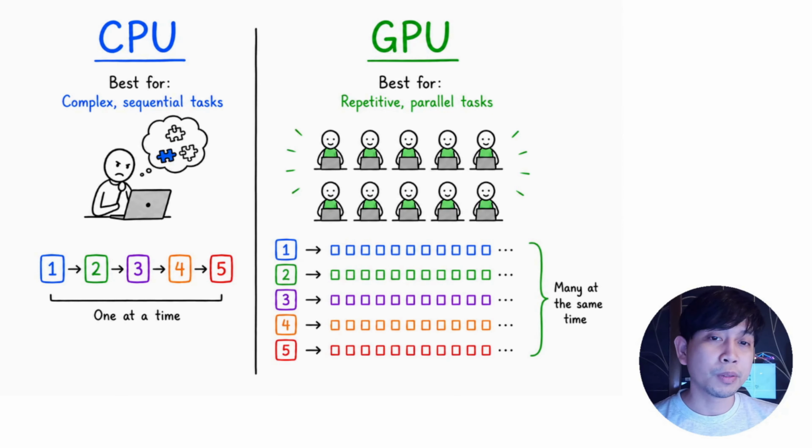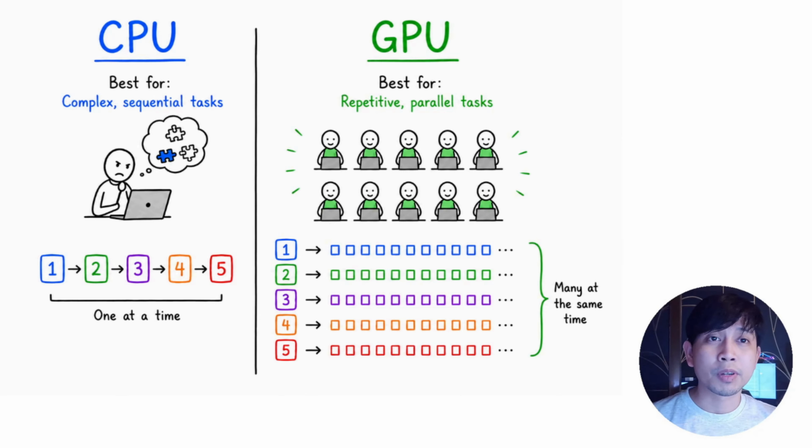But for GPU, instead of having a few powerful workers, imagine having thousands of workers performing similar operations simultaneously. And that's exactly what AI workloads need.